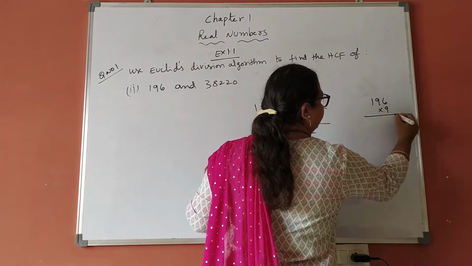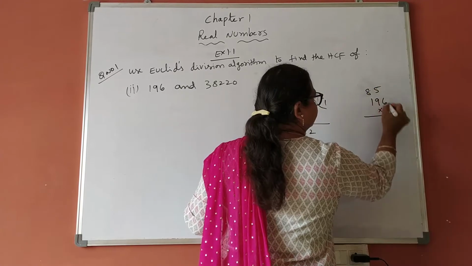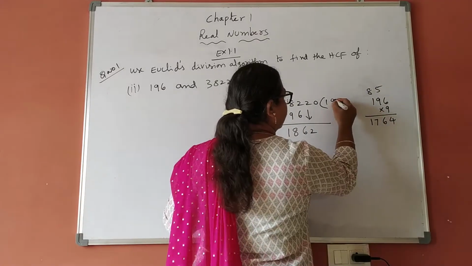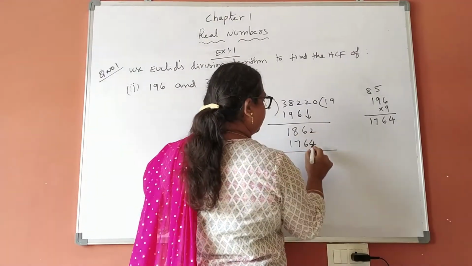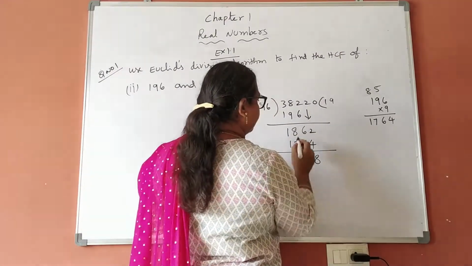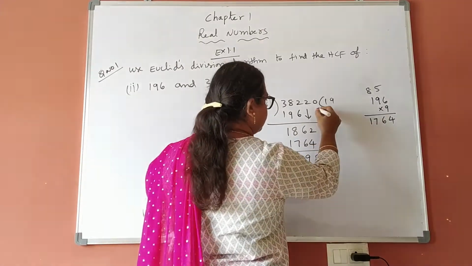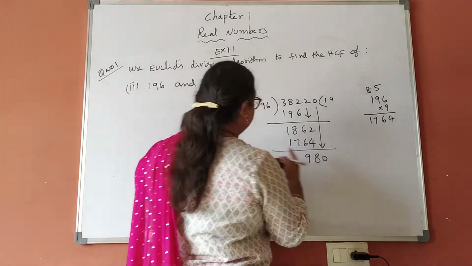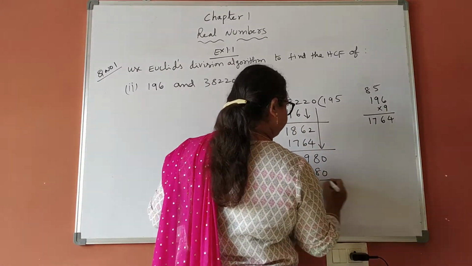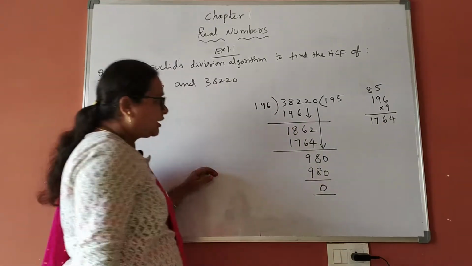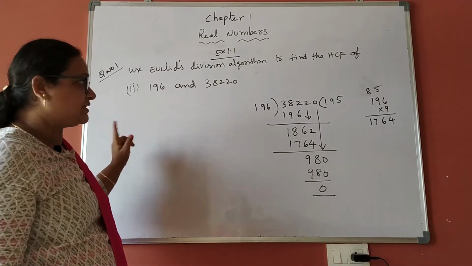196 into 9, 1764. So 12 minus 4, 8. 15 minus 6, 9. 7 minus 7, 0. So bring down 0. 980, exactly 5 times. Now we got 0 remainder. We will stop the process and we have to write the algorithm for this.